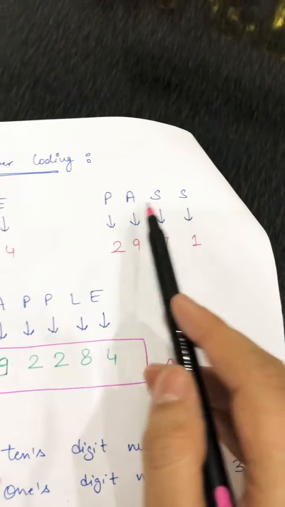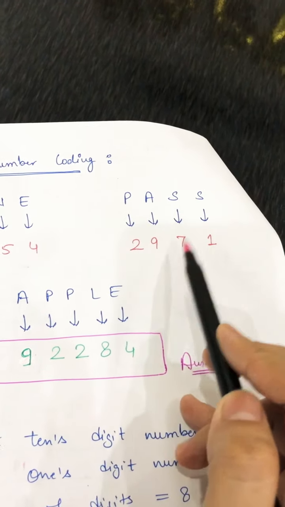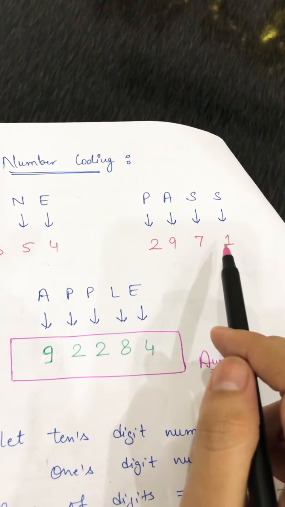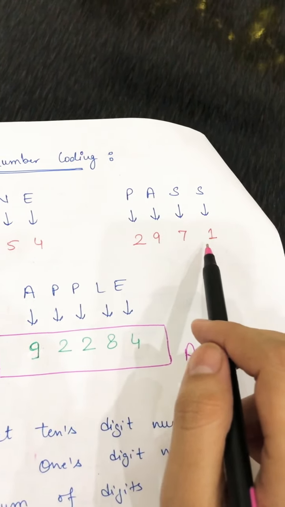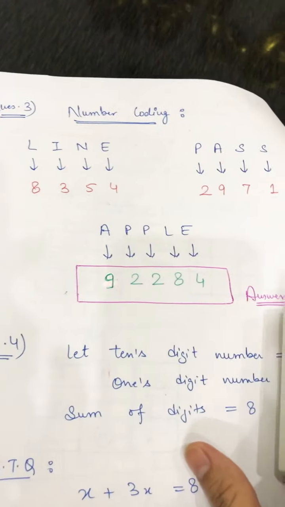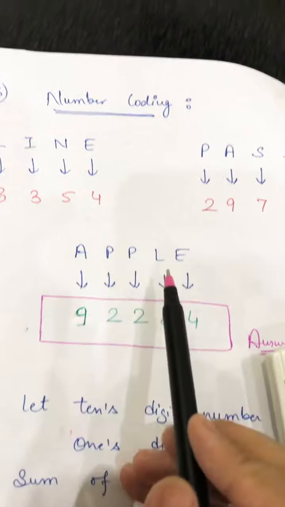Similarly for pass, P is 2, A is 9, S is 7, and the last S is 1. Now you have to tell what number should be there for apple.